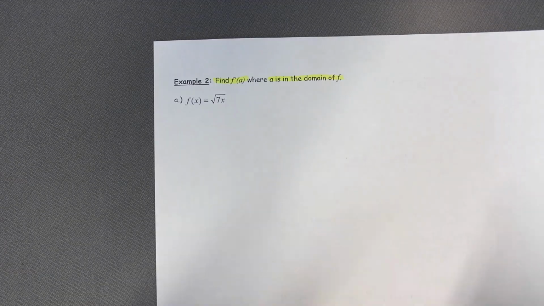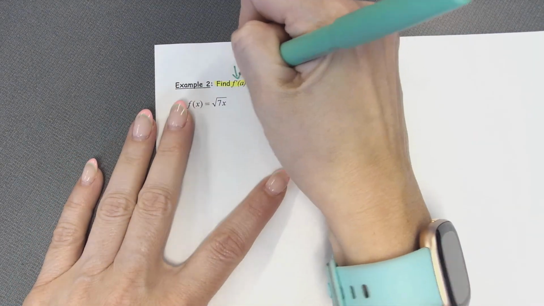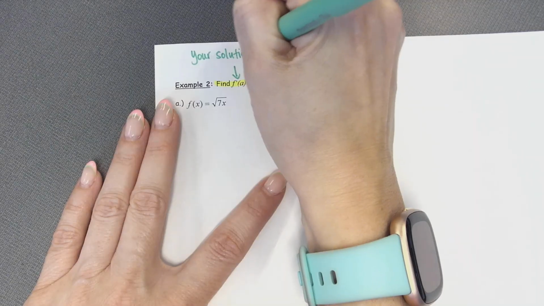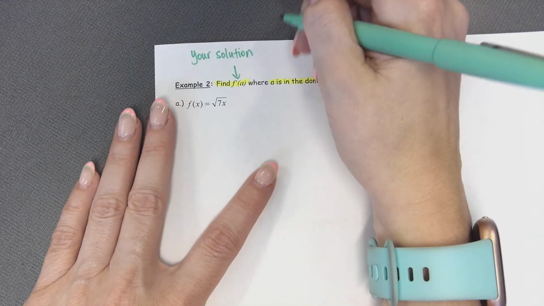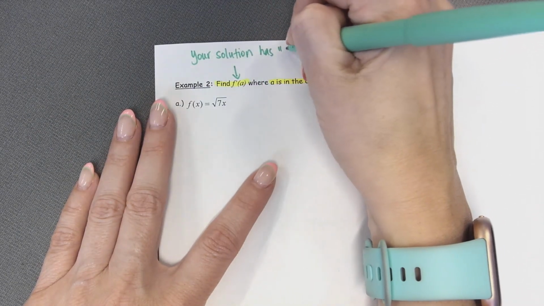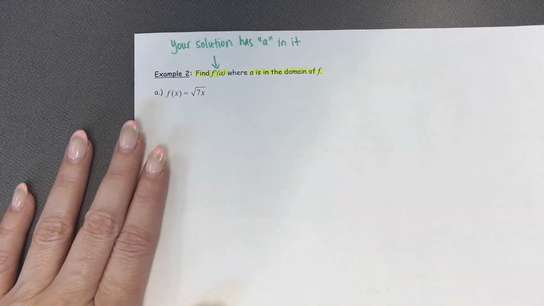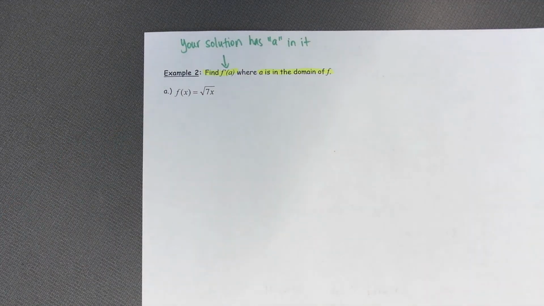What this means is your solution is going to have the variable a in it. I'm putting that in quotes so you know that we mean the variable, and you don't go back and read it and say, we don't have a what. So you're going to have the value of a in your final answer.